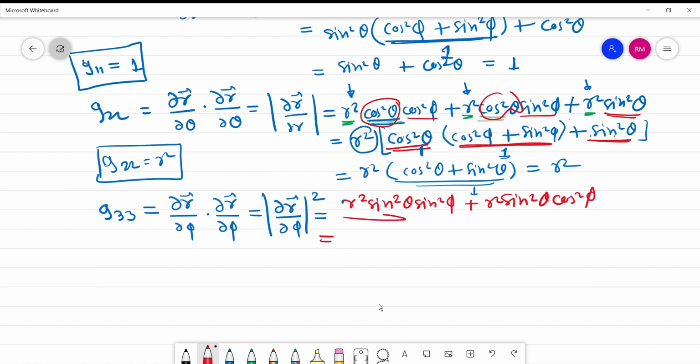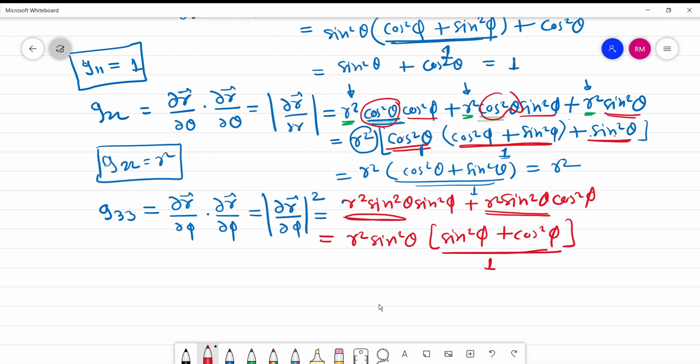I can take r squared sine squared theta common, so this will become r squared sine squared theta (sine squared phi plus cos squared phi). Again this quantity is 1, so I can write r squared sine squared theta, which is G33.